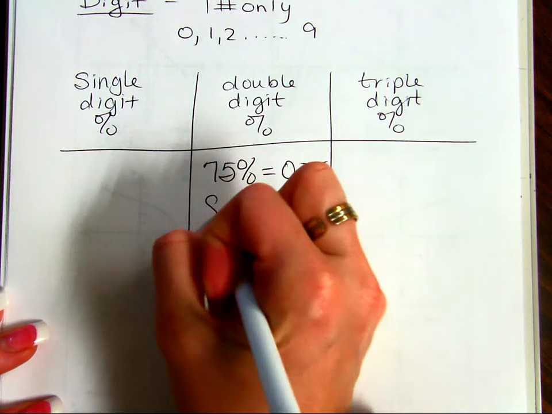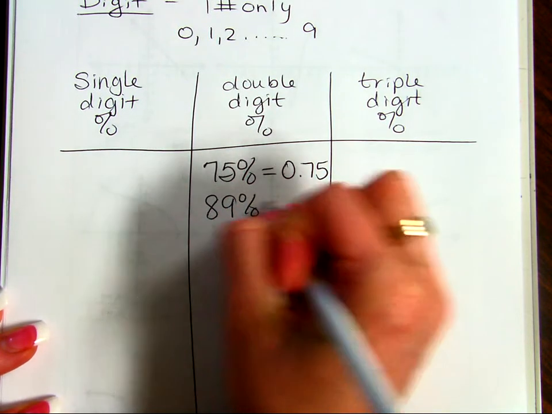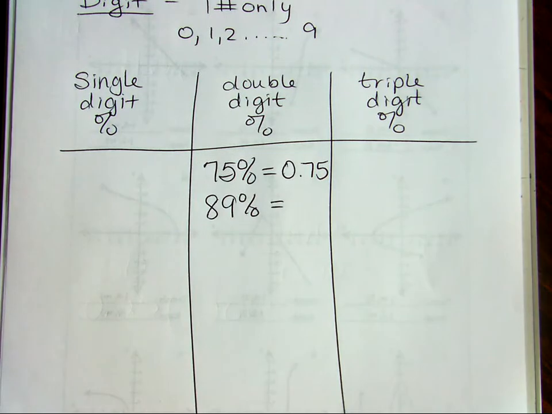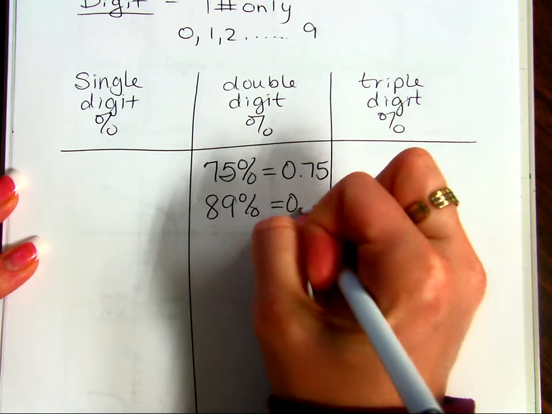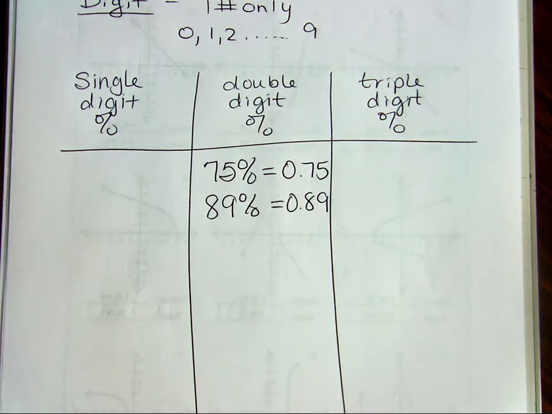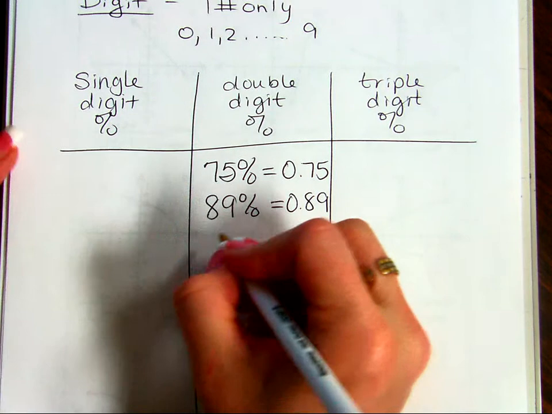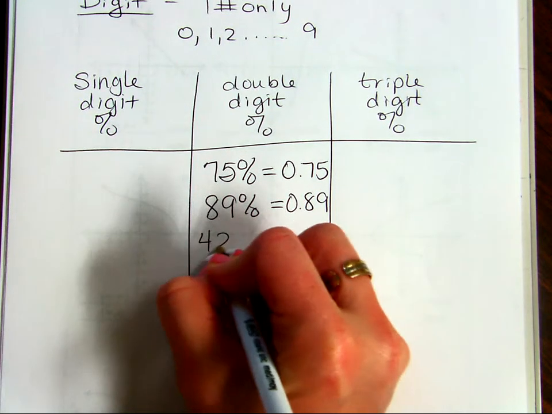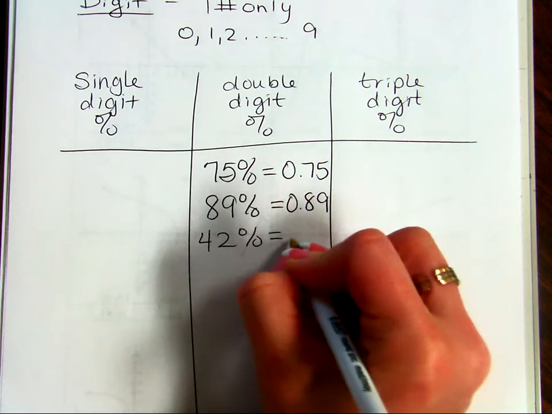So like 89% is written how as a decimal? 0.89. Or technically, if you're being real fancy, like you should be, 89 hundredths, right? 75 hundredths, okay? So, 42%. We could do double-digit percents all day long.